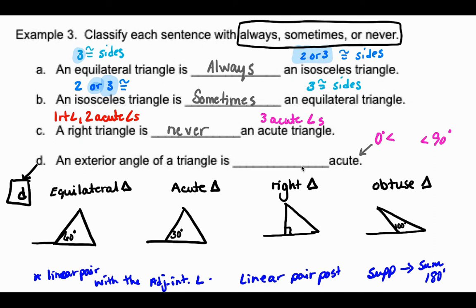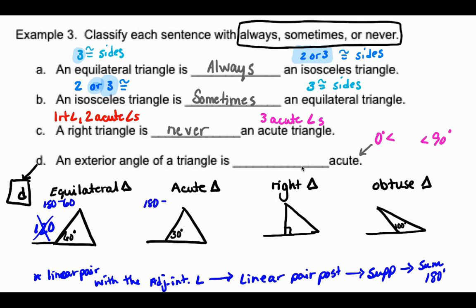So it's a linear pair with our adjacent angle. We use the linear pair postulate to get supplementary, and supplementary means that we're going to have a sum of 180. So 180 minus a 60 makes 120, and this is not acute.